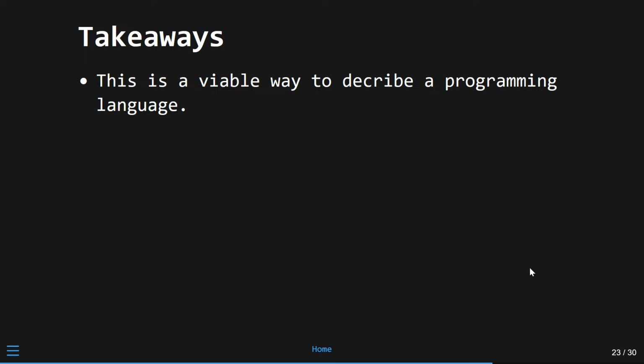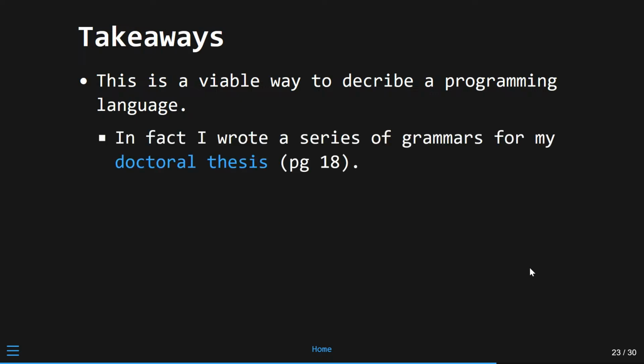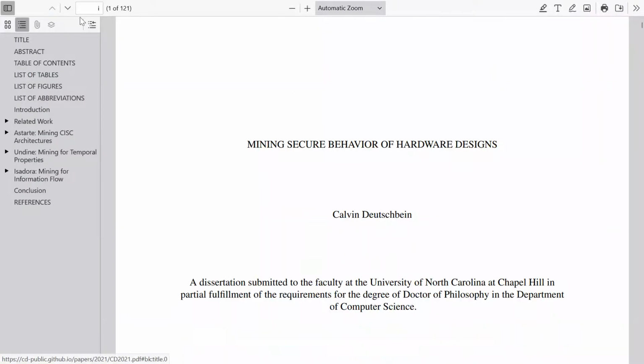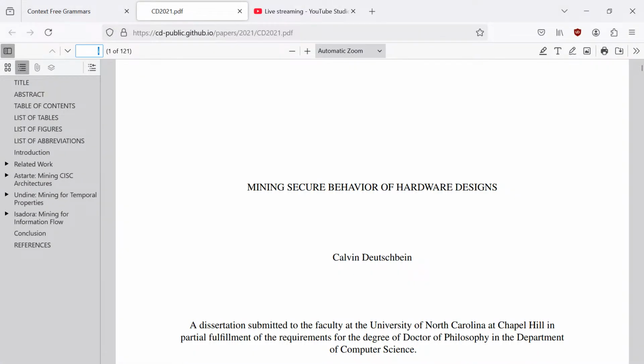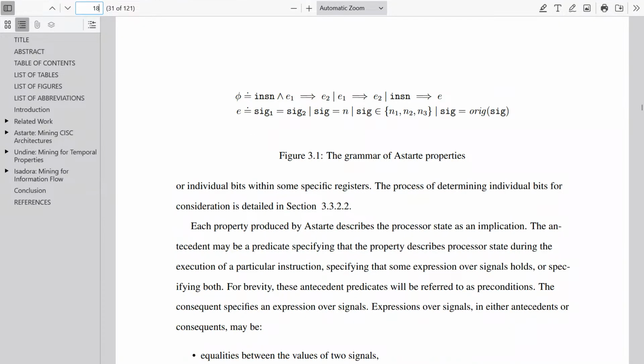It would not be the best programming language in the world, but you can write a programming language with just context-free grammars. Let me show you a grammar in my doctoral thesis. I worry people don't believe me when I say this stuff. There it is.